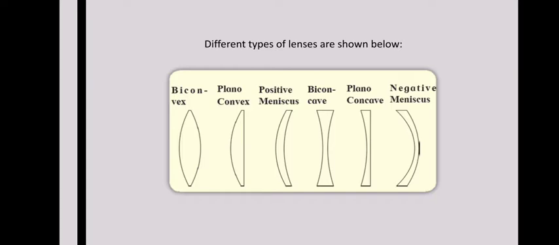Then biconcave: both sides are pushed inside. Then plano-concave: one side is plane, another side is pushed inside. Then in negative meniscus, both sides will be curved inside. So these are the different types of lenses.